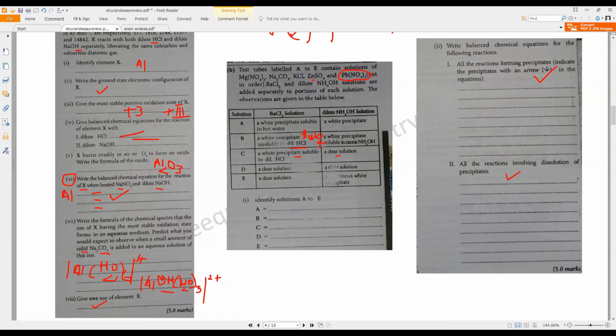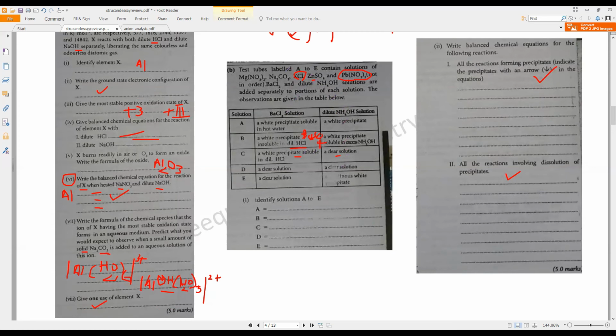So when there are two clear solutions, it should surely be KCl because there is not much reaction with barium chloride. But with ammonium hydroxide, it still gives ammonium chloride and KOH, which are not precipitates at this level, because KOH is highly soluble, being a strong base. So you can understand it should be a clear solution.